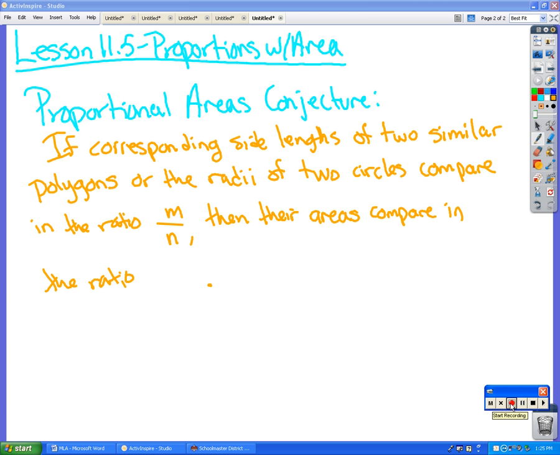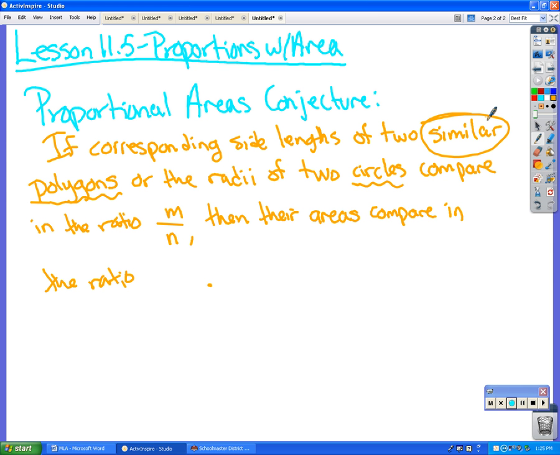All right, so what you were supposed to discover, like I said, is something that we talked about before, and that is that there's a relationship between the proportions of the sides of two shapes, whether they be polygons or circles, and the area of those shapes, as long as the shapes are similar.